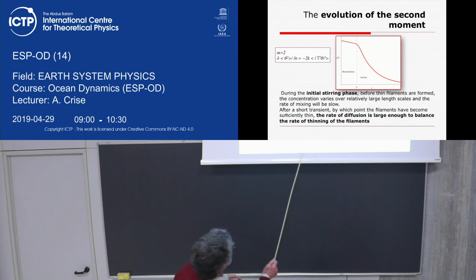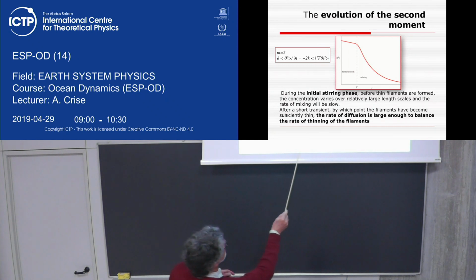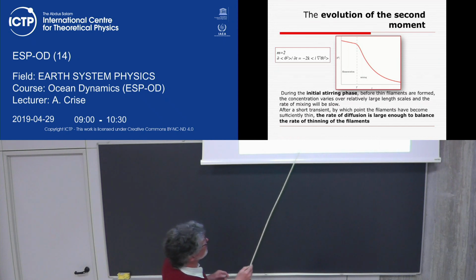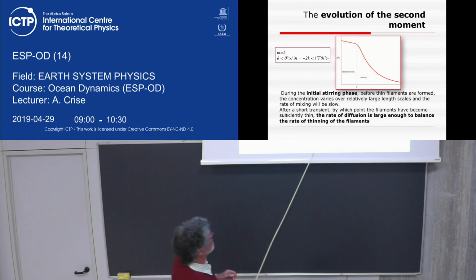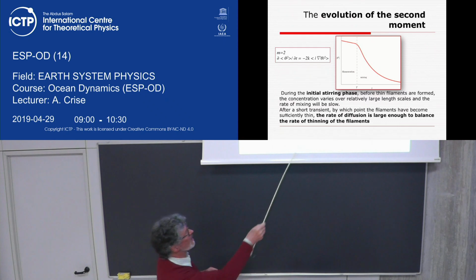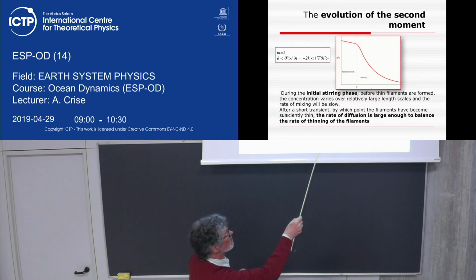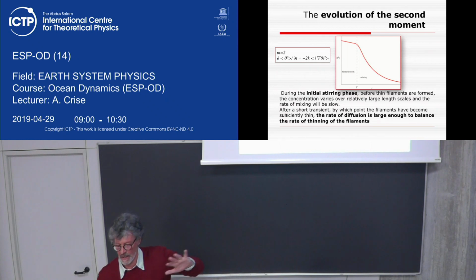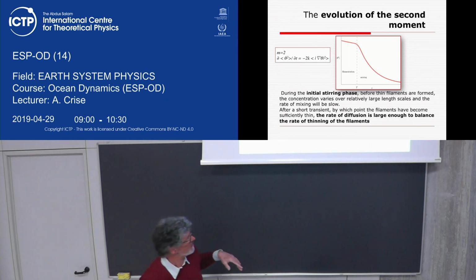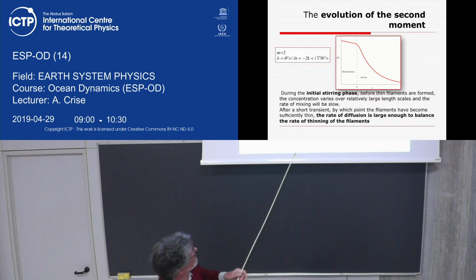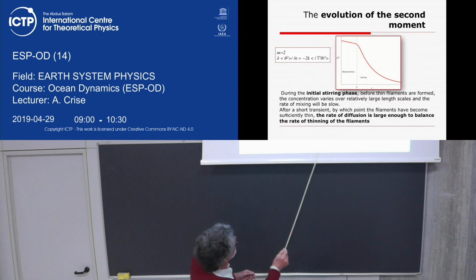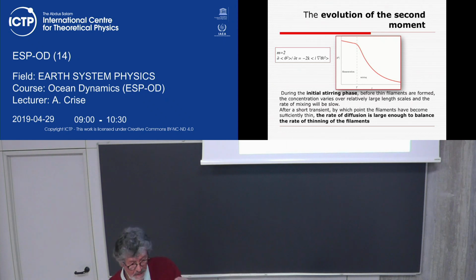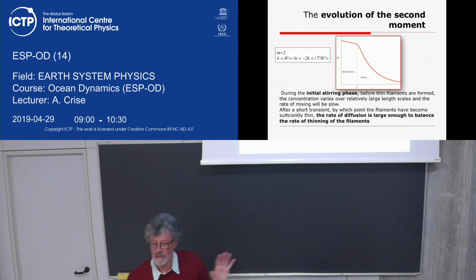But after a certain time step, the rate of diffusion is large enough to balance the rate of thinning of filaments and have stronger mixing, and the differences tend to vanish, to fade out. And the tendency is to reach a very low natural background variance for the system, which is not zero.